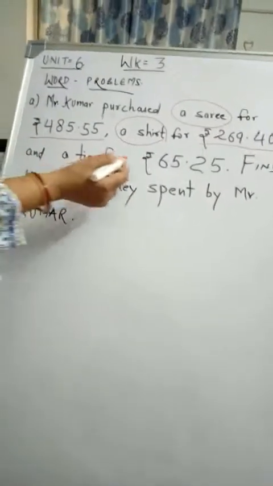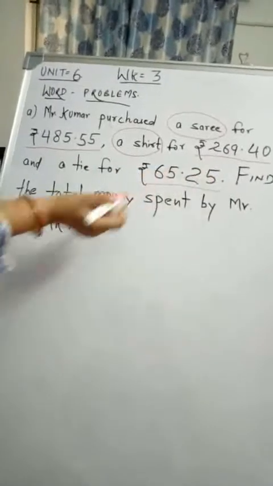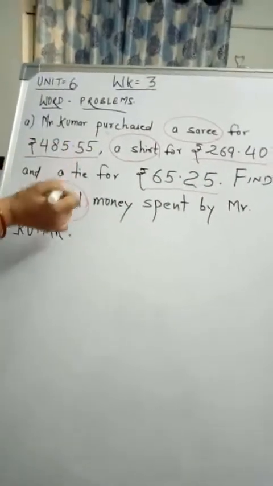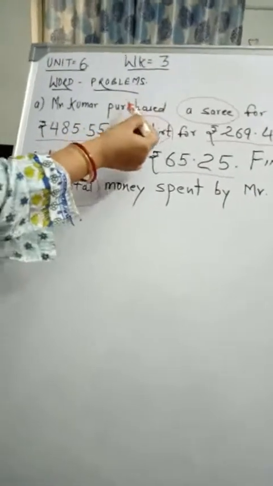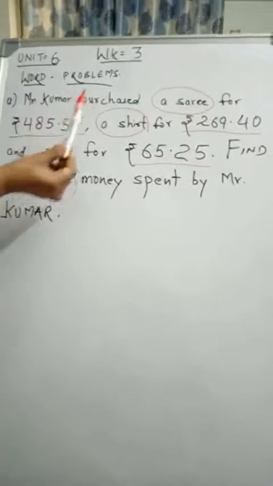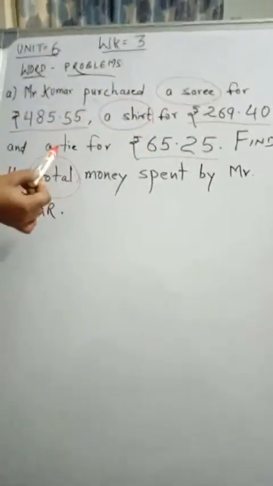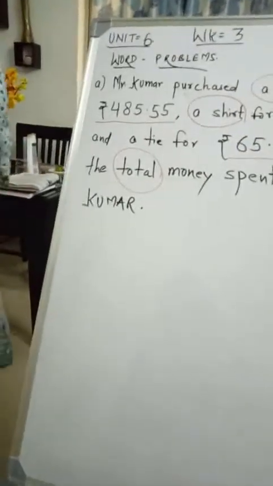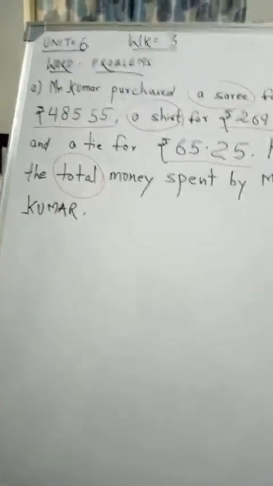And a tie for rupees 65.25. So, find the total money. You have to add the total amount he spent while purchasing the sari, shirt and tie. Okay, now let us solve the question.